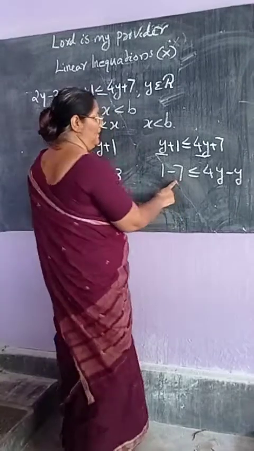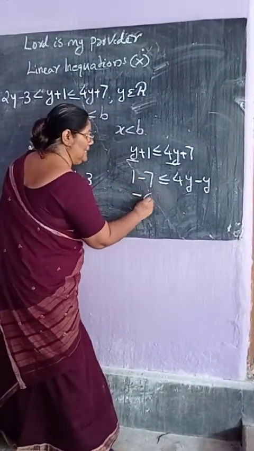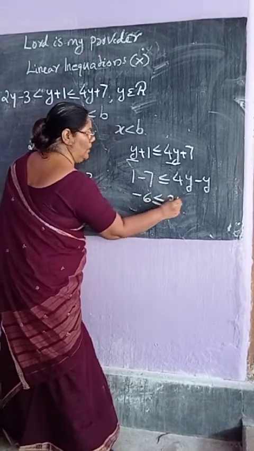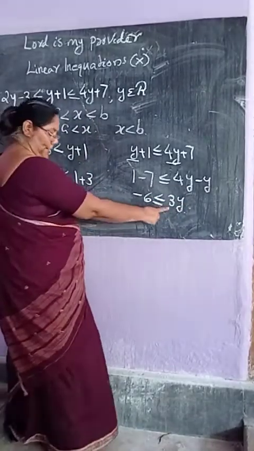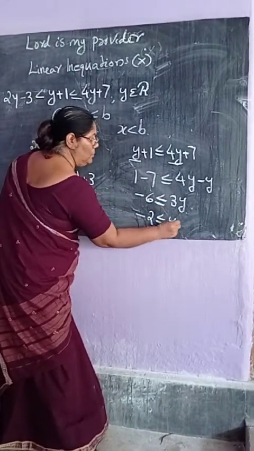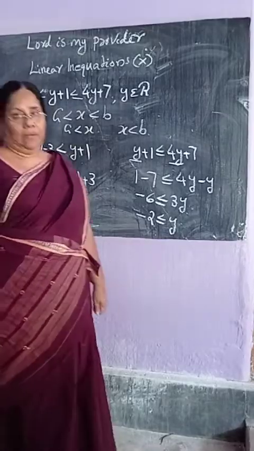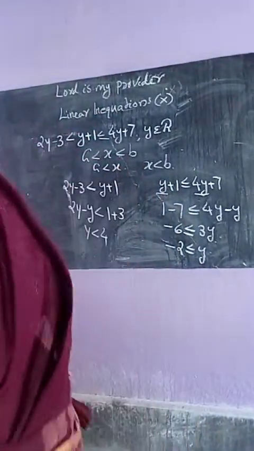Here take the difference means 7 minus 1, 6. The greater sign is minus, 6 less than or equal to 3y. Check the answer. Minus 6 by 3 means minus 2 less than or equal to y. Right? Minus 2 less than or equal to y.